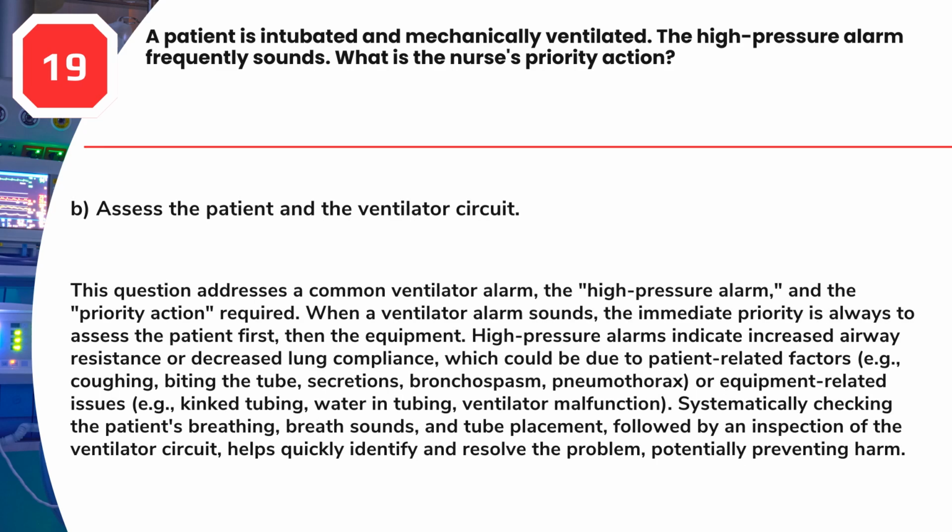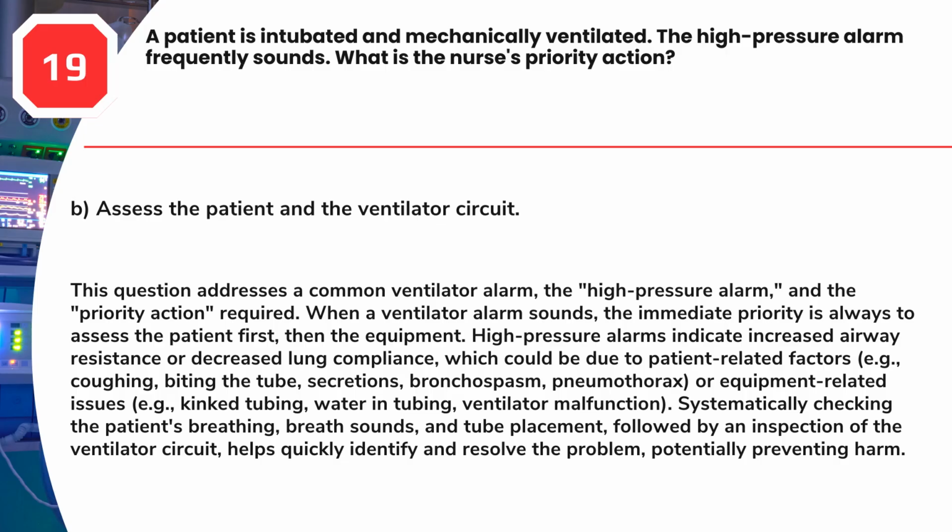Answer, B. Assess the patient and the ventilator circuit. This question addresses a common ventilator alarm, the high-pressure alarm, and the priority action required. When a ventilator alarm sounds, the immediate priority is always to assess the patient first, then the equipment.